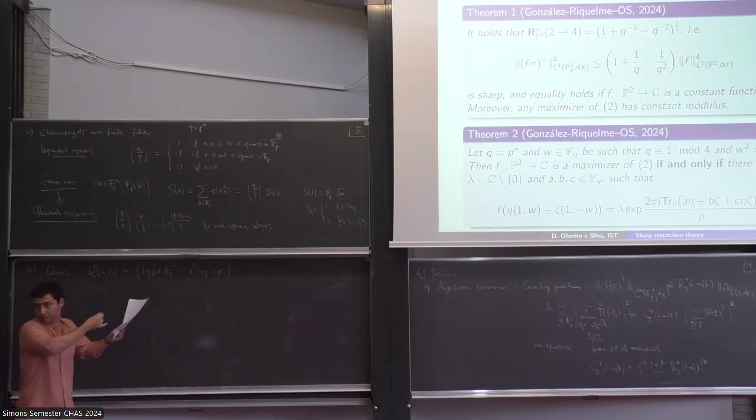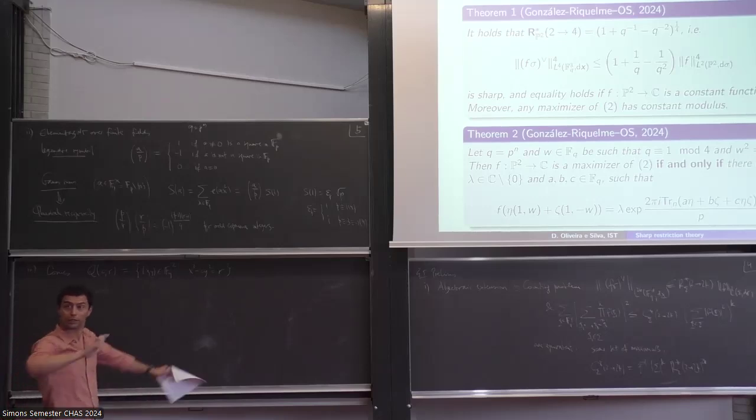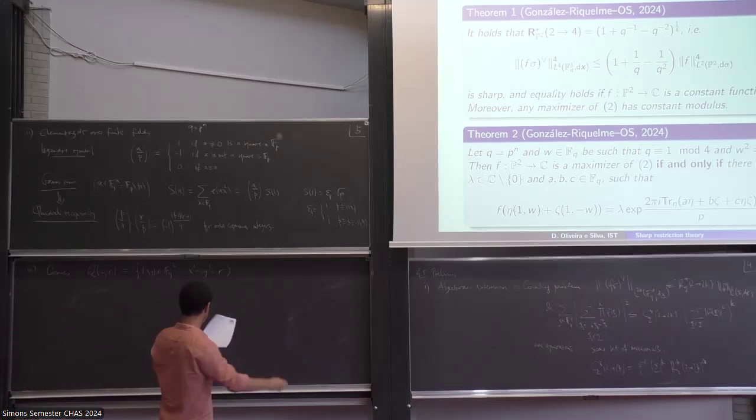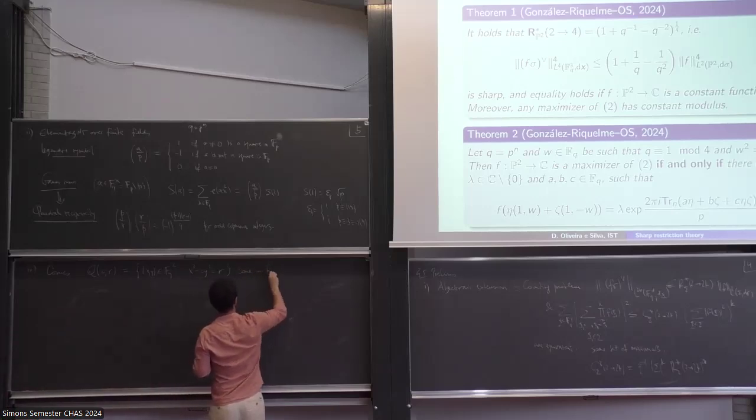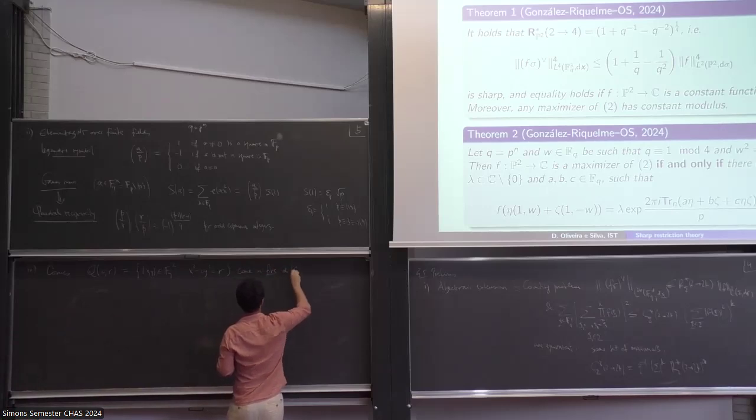Of course, conics have a finite number of points, since everything is taking place in F squared. It turns out that these conics come in 5 different sizes. You can think of them as small, medium, large, extra small, extra large. They come in 5 different sizes.